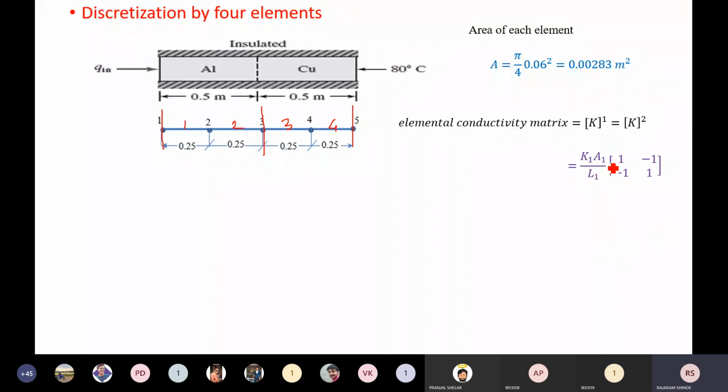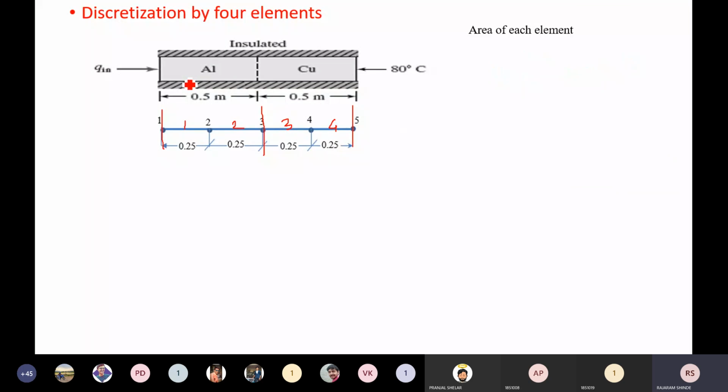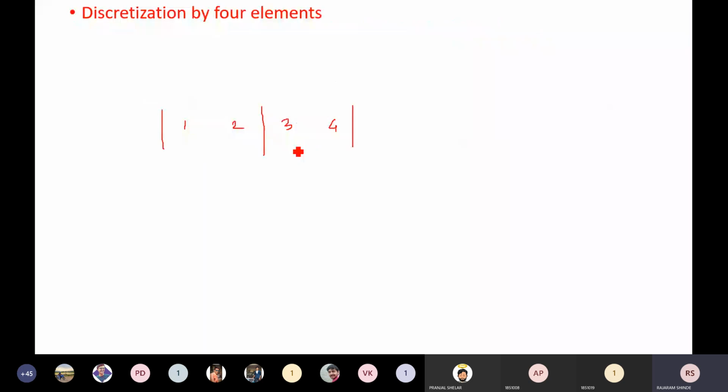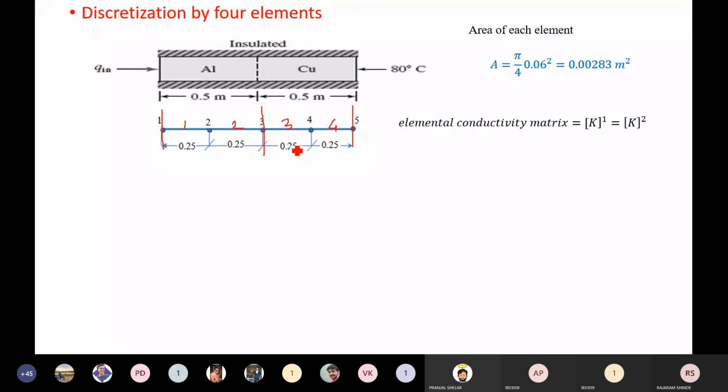Now this is K1A1 by L1. K1 is the conductivity of the aluminum. It is, I think, 200. Okay. Now you put the values and calculate.